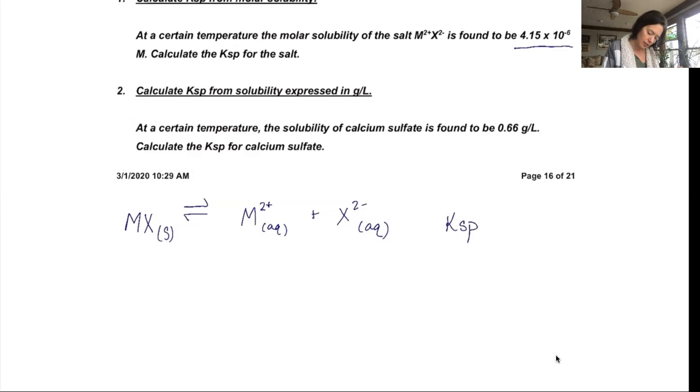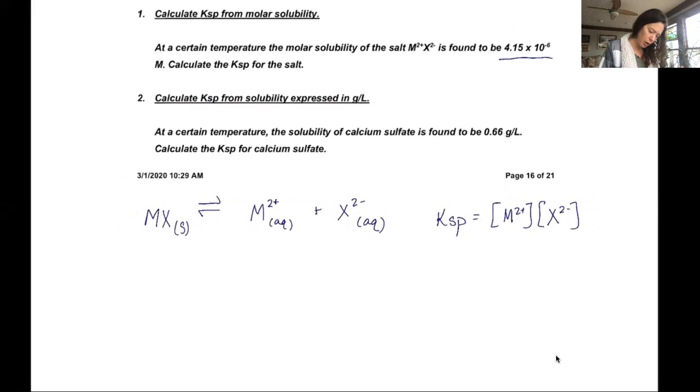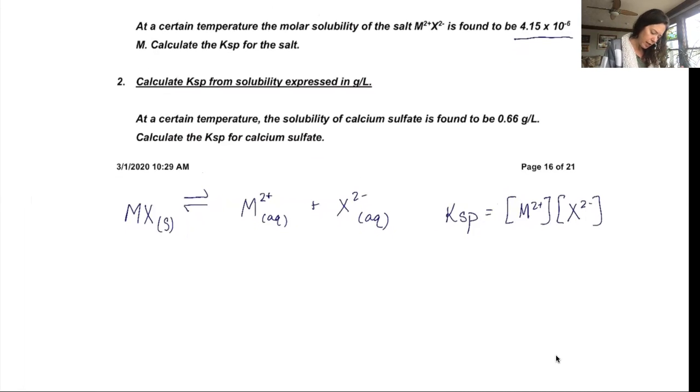Notice, guys, that Ksp will be equal to the concentration of this at equilibrium and the concentration of this at equilibrium. The solid is not a factor here. I do not need to even know how much solid I have. It doesn't matter. Only a certain amount will be dissolved in a given amount of solution, in a 1 liter solution. I can have an I, but that's 0.